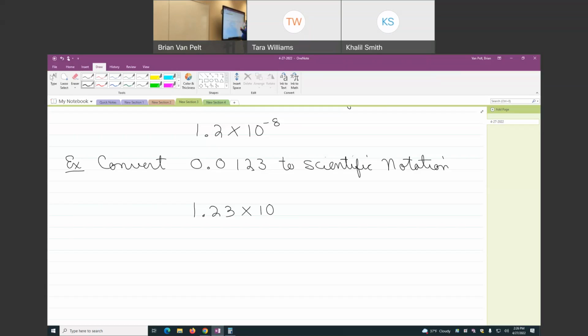How many places did I move to go from this? So what we're going to do for the rest of the section is a bunch of examples where you get to convert to and from scientific notation.